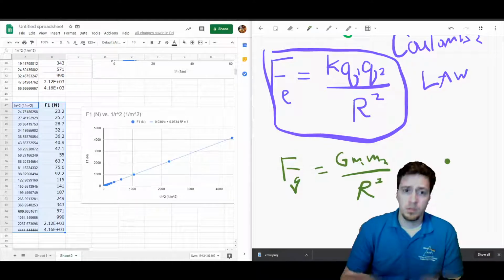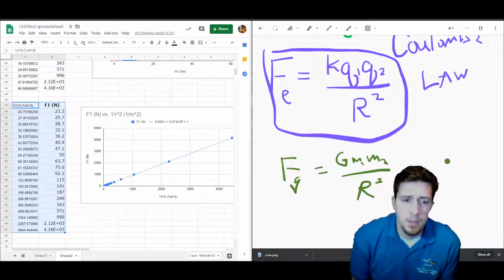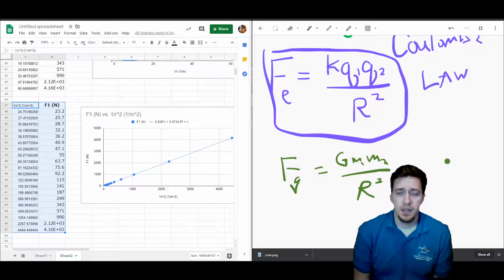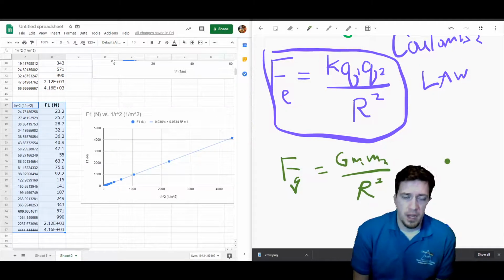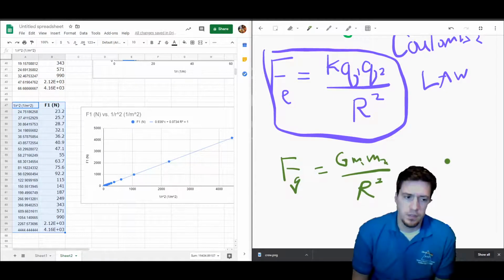So yeah, Coulomb's law. Now, knowing the constants is not really crazy important, but K is a lot larger than big G. K is 10 to the 9, and big G, if you remember, is 10 to the negative 11. So 9 and negative 11 as exponents is crazy different.